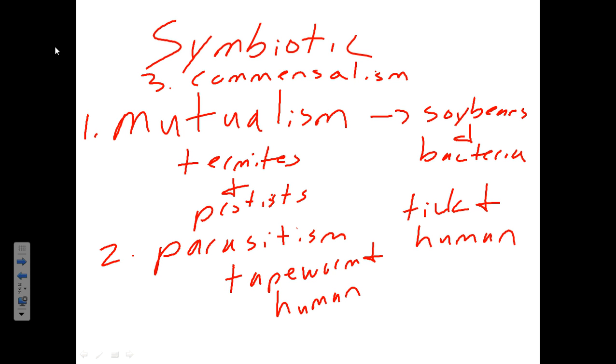For example, you've got all these bacteria living on your skin, more bacteria than there are people on Earth. Those bacteria aren't really helping you. They're not really hurting you. But they're getting a free meal, because what's peeling off of you all the time? Dead skin cells, and they're feeding on those.